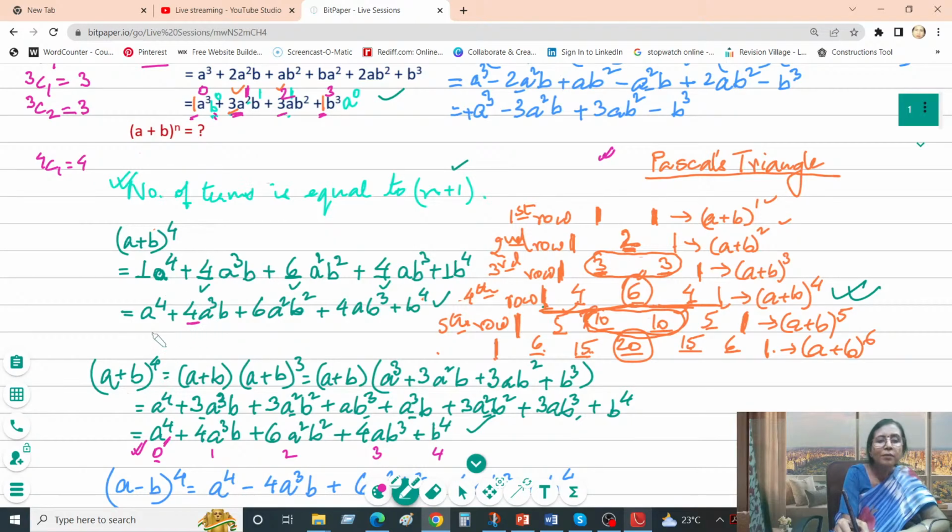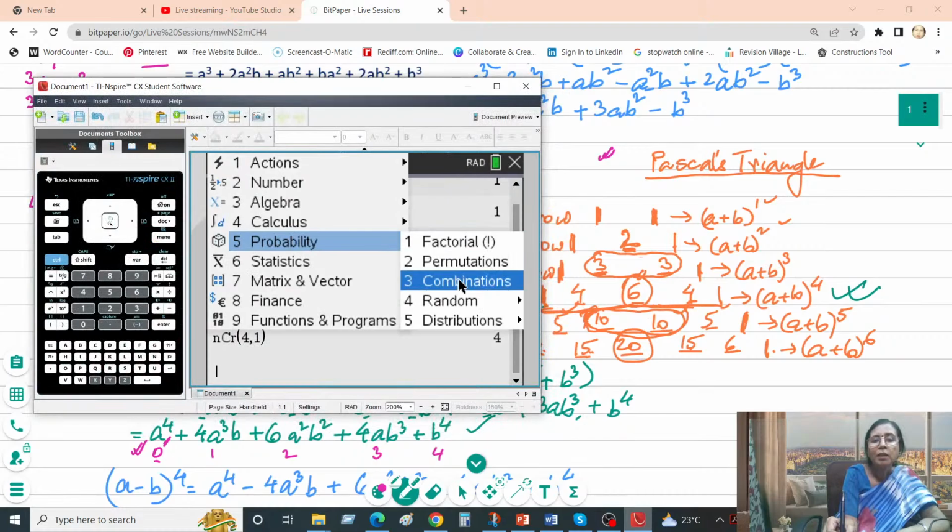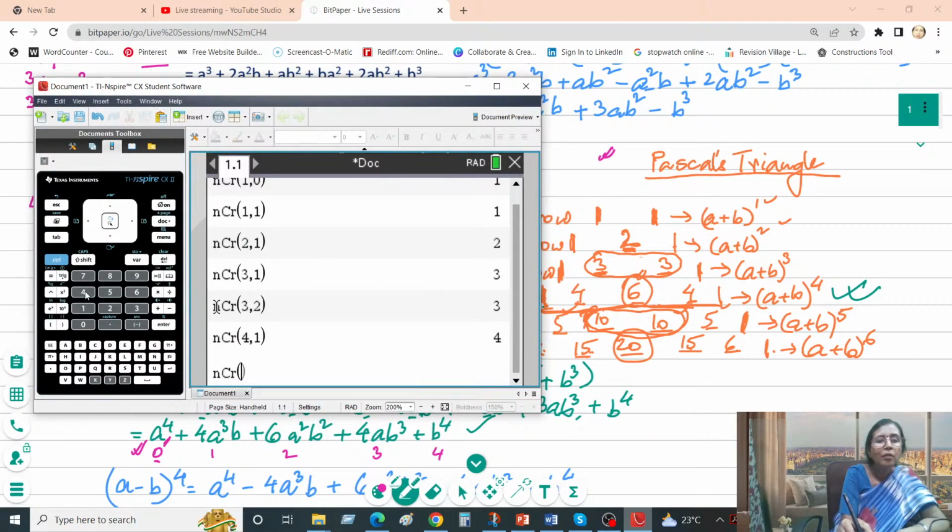This is the 0th term, so this is 1, this is 2, this is 3, and this is 4. Coming to 4C2, what will this be equal to? Menu, probability, combination 4 comma 2. Enter. See, 6.